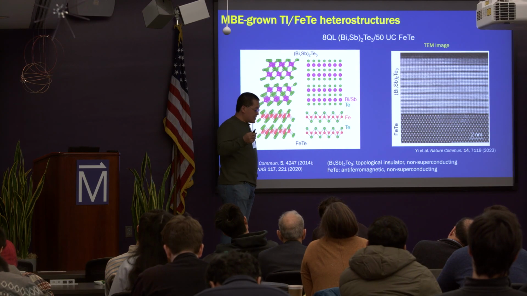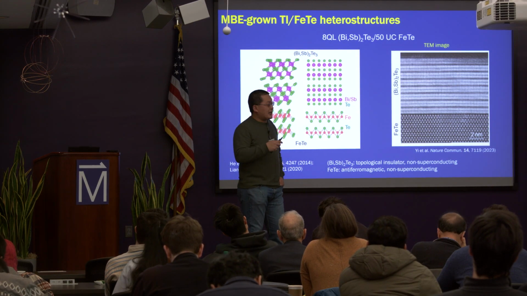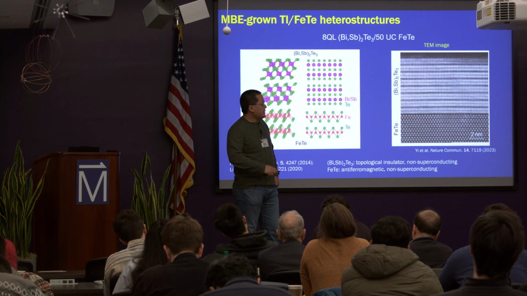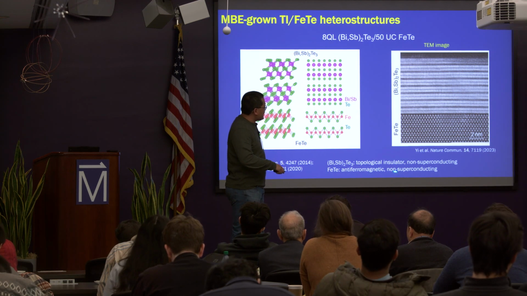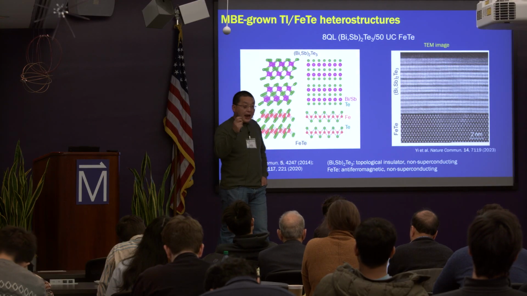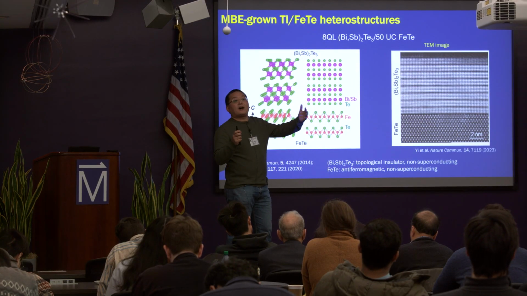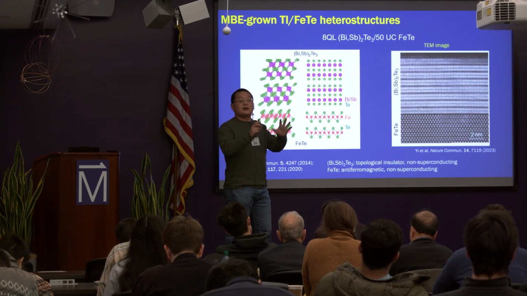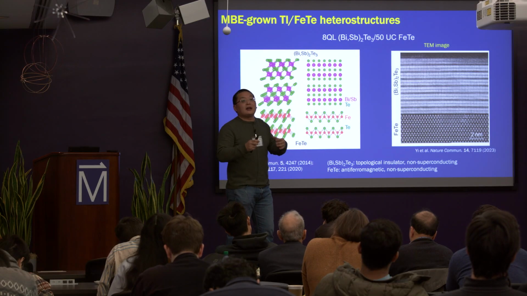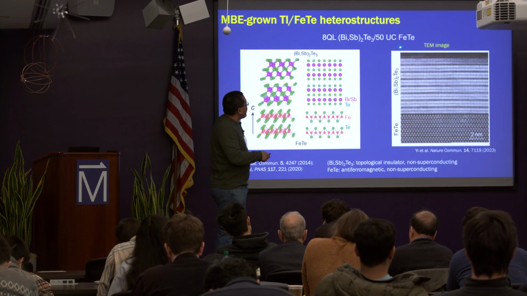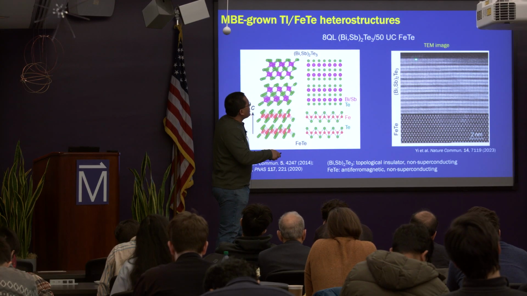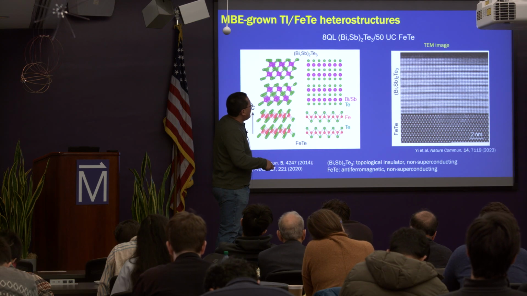As I just told you, bismuth antimony telluride is a topological insulator and non-superconducting, and iron telluride is one element of the iron chalcogenides, but it's antiferromagnetic and also non-superconducting. Bismuth antimony telluride is hexagonal, and iron telluride is cubic. Based on the traditional MBE knowledge I just introduced, this is not good. But in our experiment, we always see a really sharp interface. Later, I will show you why. From this TEM image, we can see the 8 quintuple layer bismuth antimony telluride and iron telluride film.